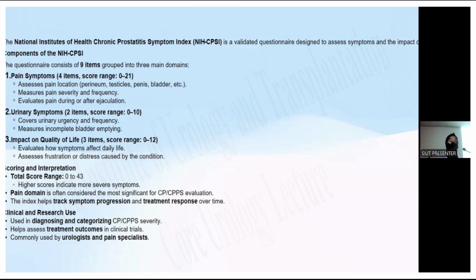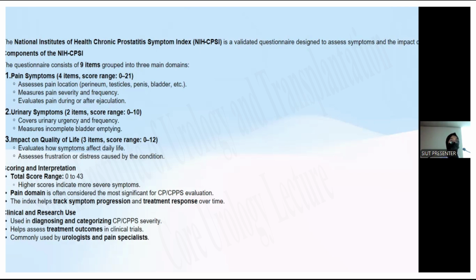The higher the score, the more severe the symptoms are, and it is the pain domain that is often considered the most significant for chronic pelvic pain syndrome evaluation. We assess the location of the pain, the severity and frequency of the pain, and if the pain is present during or after ejaculation. The different areas of the patient's complaints are considered, and these patients usually undergo thorough evaluations.